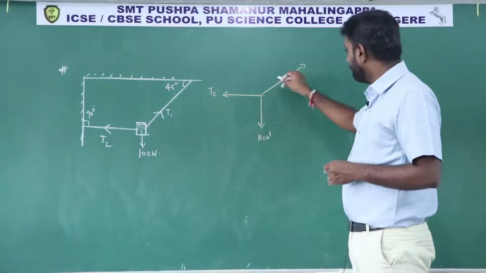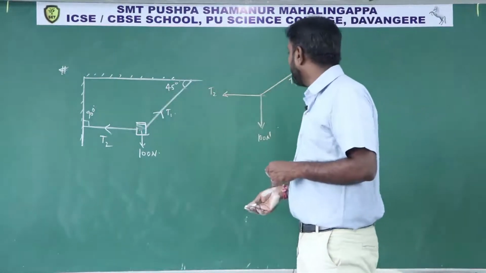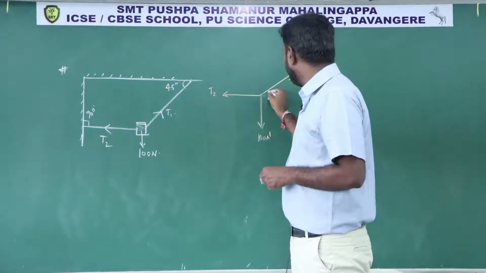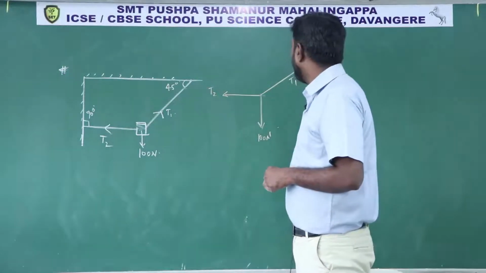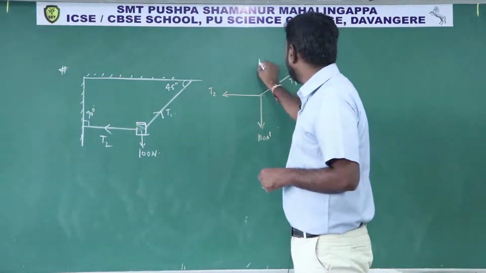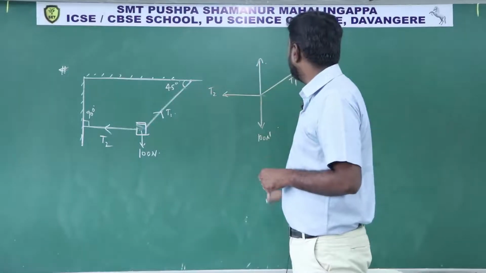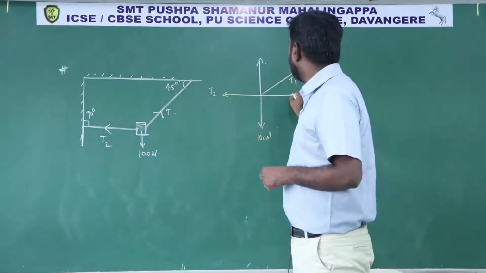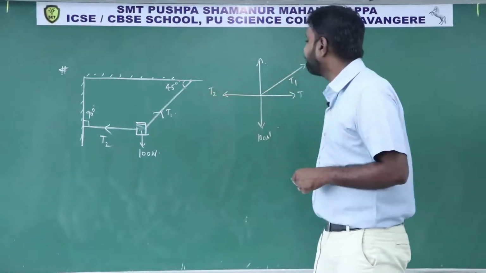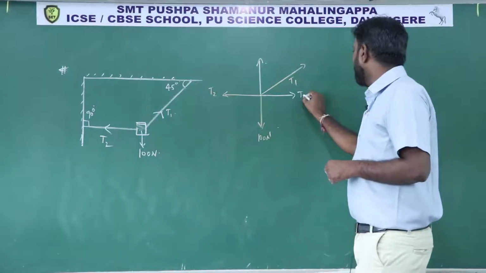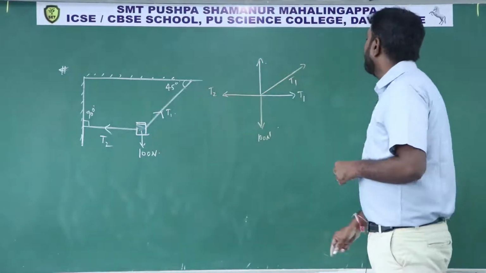So it is better to resolve this vector, and we can solve the problem easily. If I resolve the T1 vector into two components, one component I will consider exactly opposite to the 100 Newton, another component I will take exactly opposite to the T2 vector.